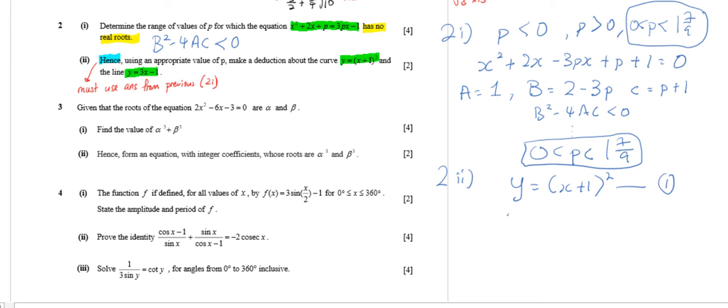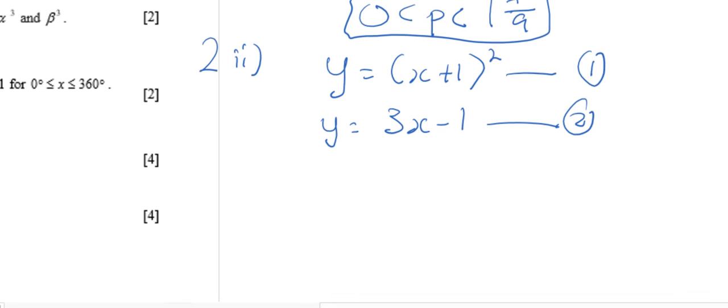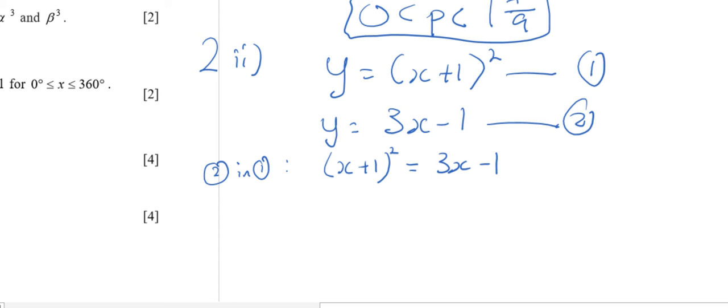Part 2, I have one equation, I have one equation. So first thing what I want to do, combine, sub. Only these two ones. So what do I do? Alright, 2 in 1. So, x plus 1 squared equal 3x minus 1, right?